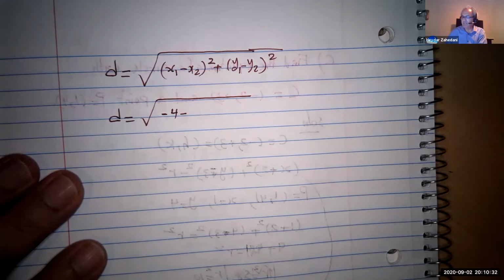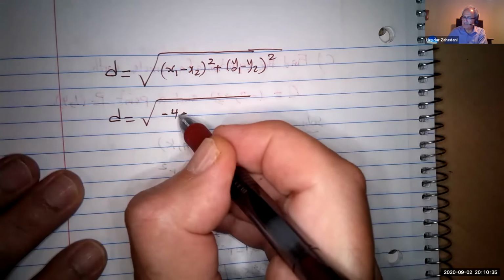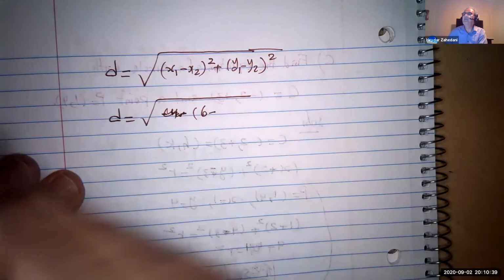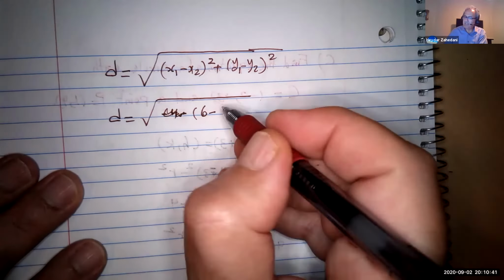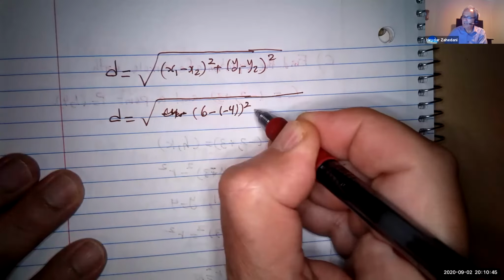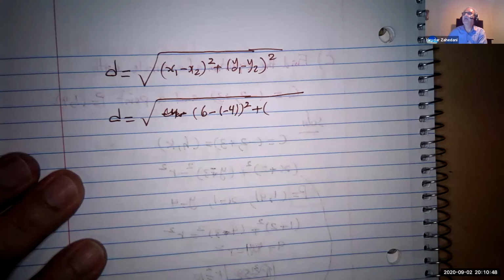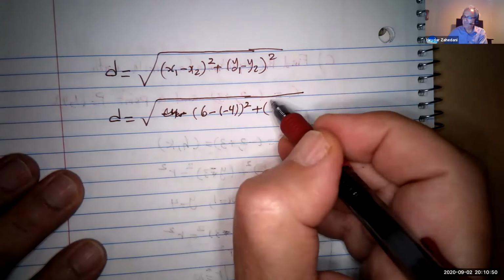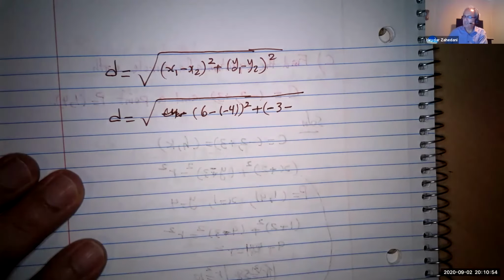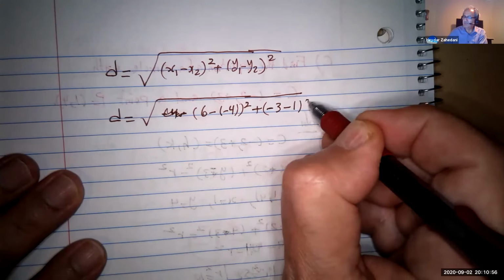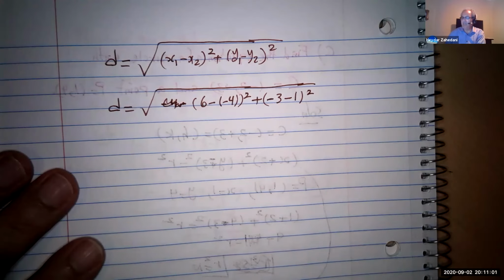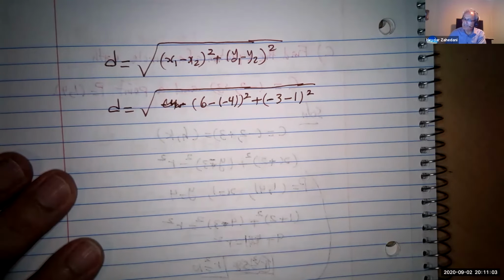So x1 is 6. Okay, with this formula, it's 6 minus negative 4, all squared, plus y1 negative 3 minus y2 is 1, all squared. And it doesn't matter, the difference of the x and the difference of the y in any direction gives you the same answer.